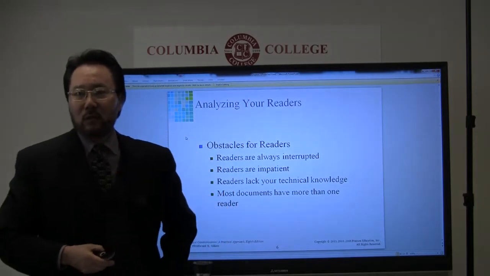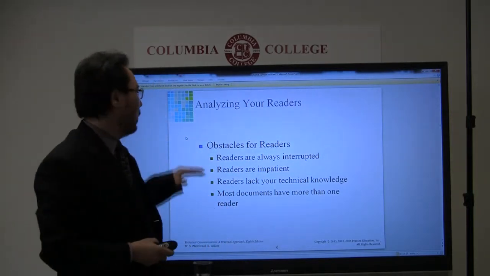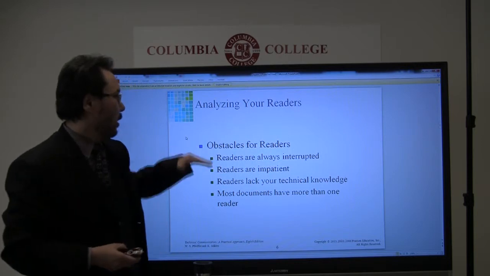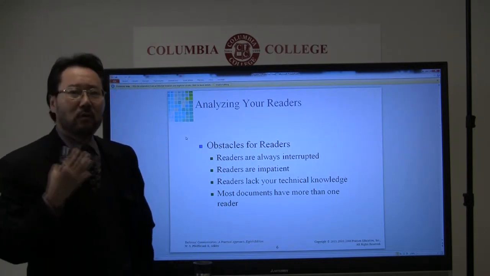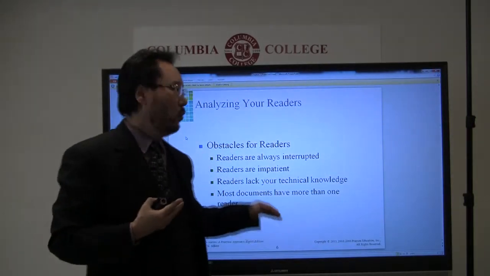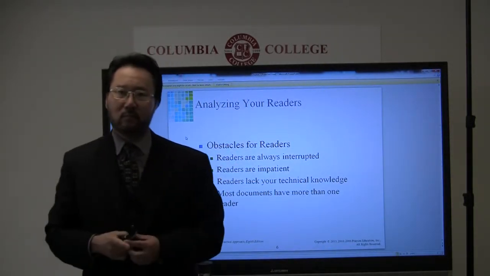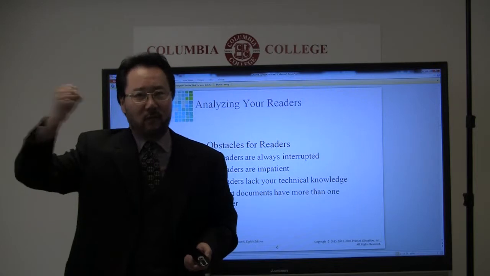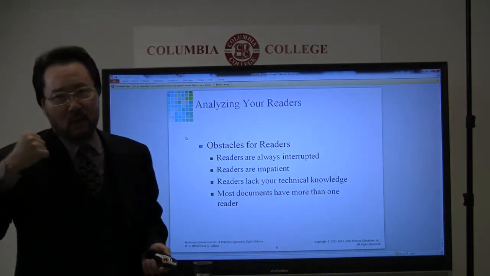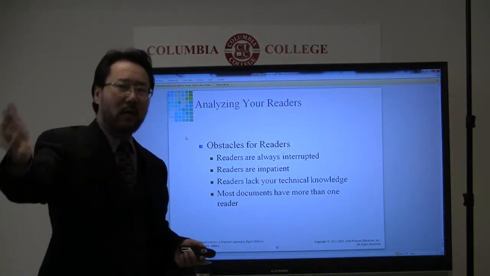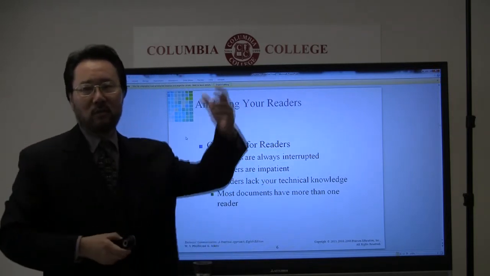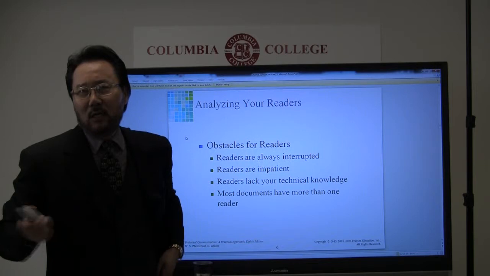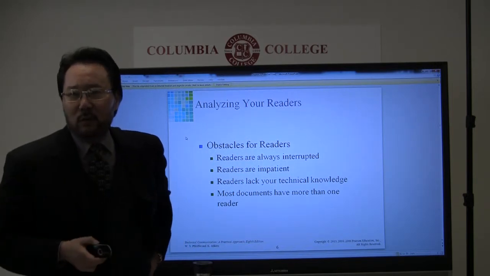Analyzing your reader, we are continuously trying to find what would be an obstacle for readers. And we have to understand that readers are always interrupted in the company. Telephone calls, customer calls, calls from suppliers, or if this person is a manager, memos from other co-workers.